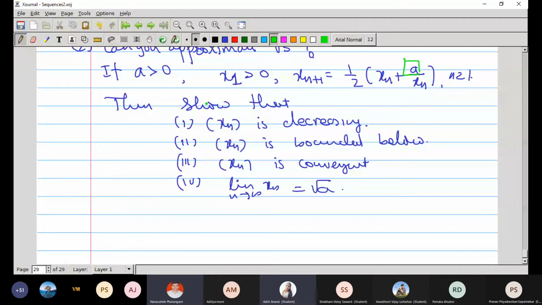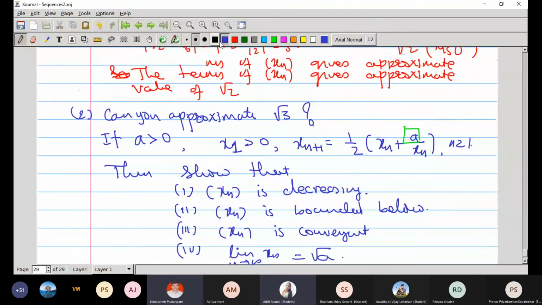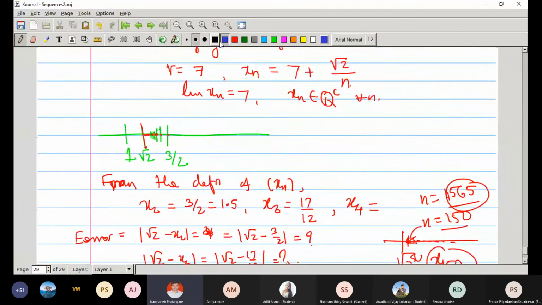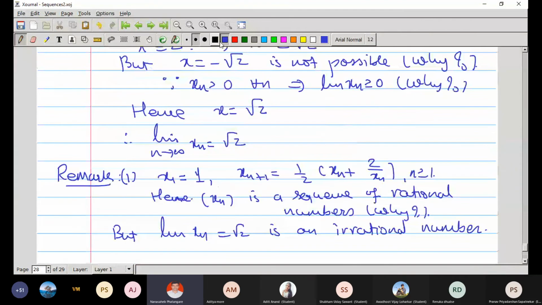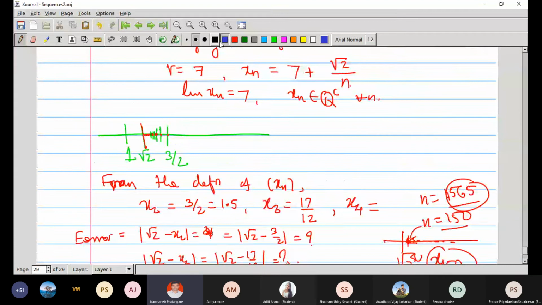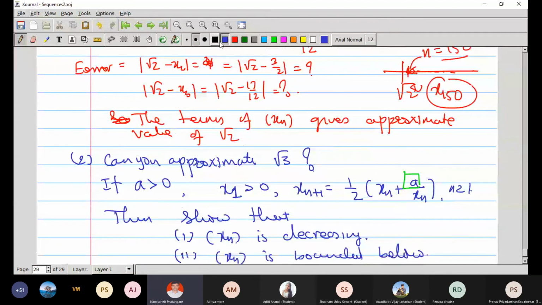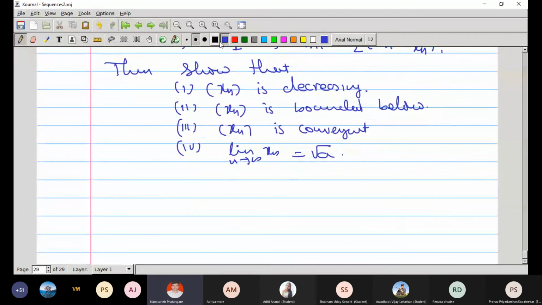So if we choose a is equal to 3, then that sequence definitely converges, and each term is a rational number. Remember. Right, so you work out this exercise just similar to the previous problem. Exactly similar. Only 2 is replaced by a, and all the calculations are similar, right?